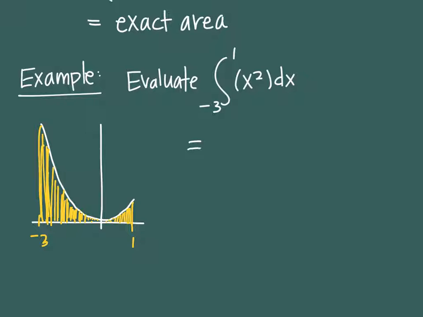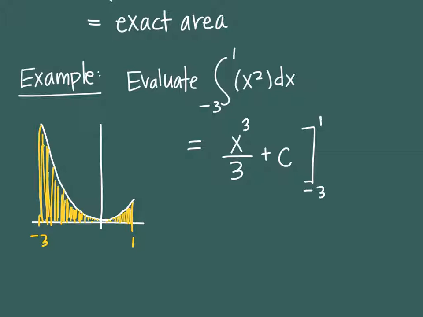And so what we're going to do is we're going to find the antiderivative of x squared. And so we're going to raise our power on x squared to an x cubed and divide by the new value of that power. And we're going to add the constant c. And we're going to go from the starting value of -3 to the top value of +1.